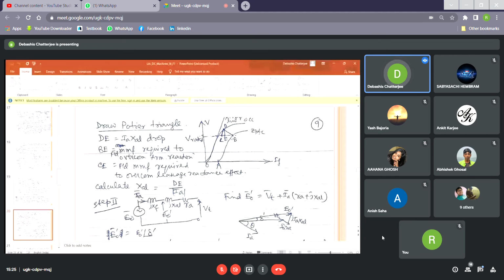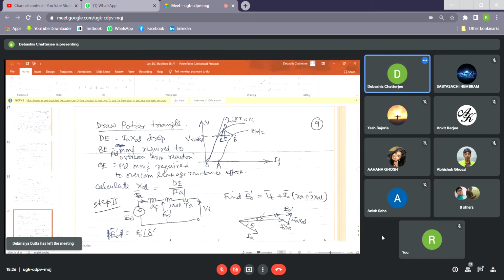Now from C, if you draw a line parallel to the air gap line, it will meet the OCC at point D. So you get the triangle BCD, which is known as the Potier triangle. Now from D, if you draw a perpendicular on BC, it is DE.